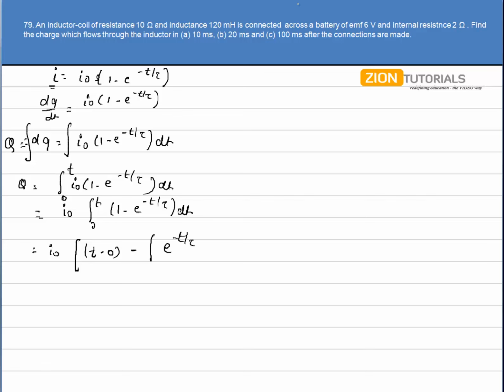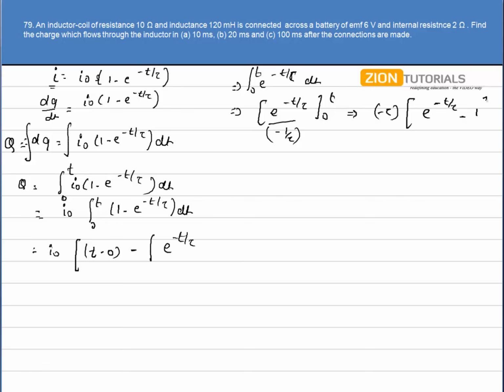Now let's solve this integration separately. I have the integration of e to the power minus t by tau from 0 to t, so it is given by e to the power minus t by tau into minus 1 by tau, substituting the limits from 0 to t. So I have minus tau into, substituting the limits, e to the power minus t by tau minus anything to the power 0, which is 1.